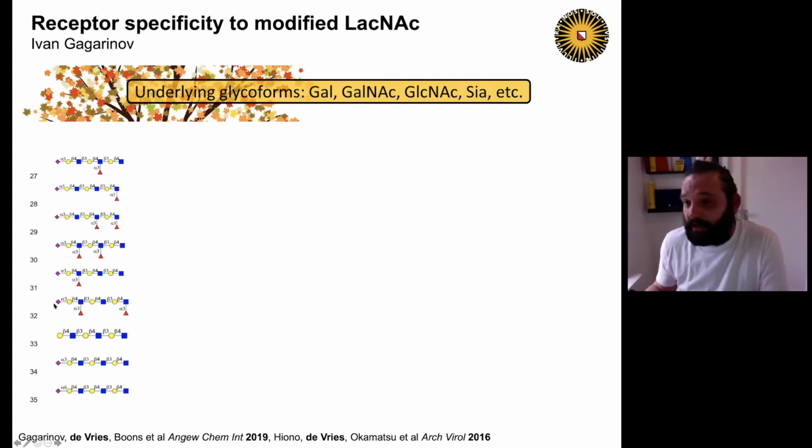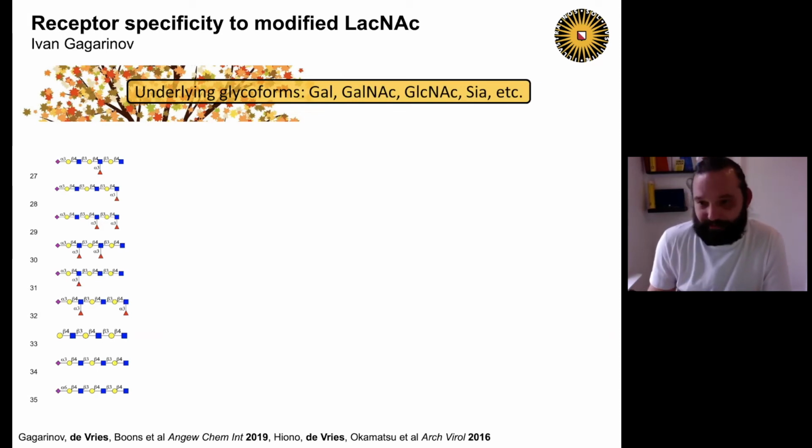Importantly, you can never have an alpha-2,6 linked sialic acid here if you have a fucose, because these enzymes are mutually exclusive and are not present in nature. So we didn't want to make that.